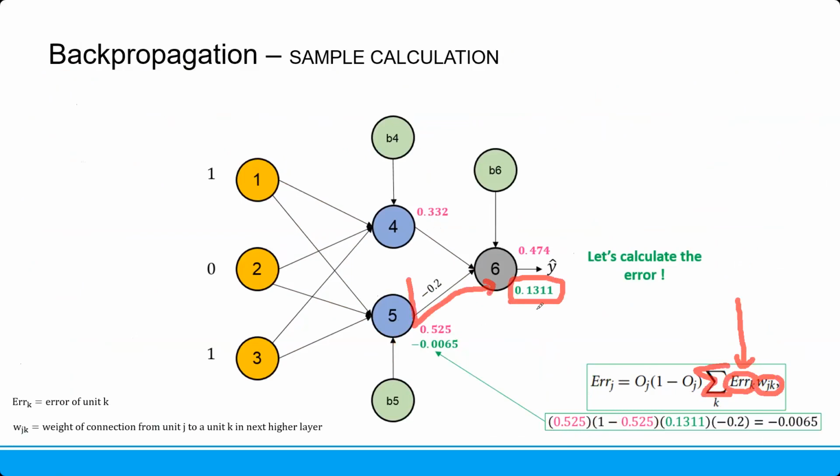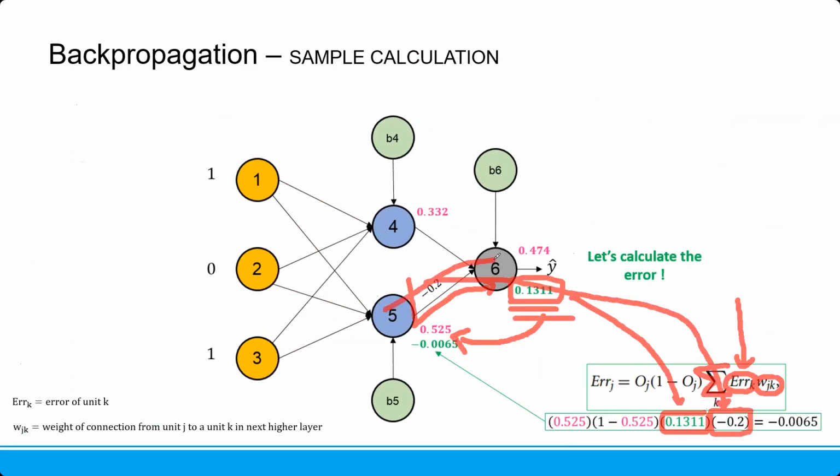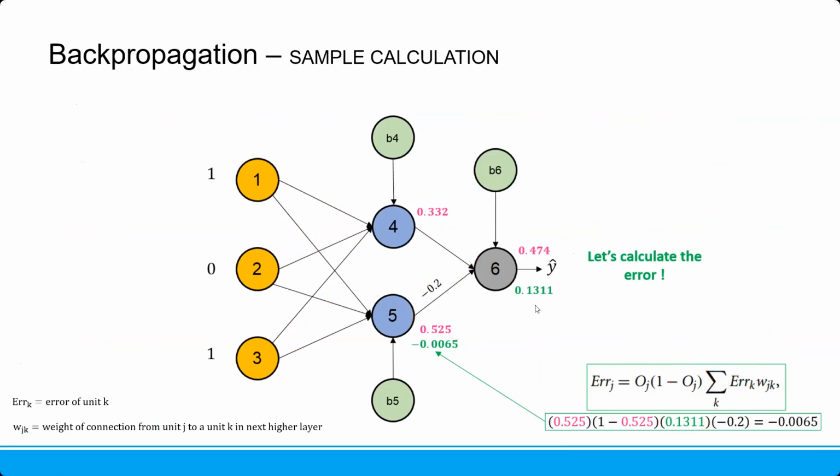So this error rate will affect this error. So I would like to check how big is the error rate according to the error rate in the next layer. So we have the 0.1311 from the previous layer multiplied by the weight. This is the weight from the node 5 to 6. We have this formula, and then we will have this result.